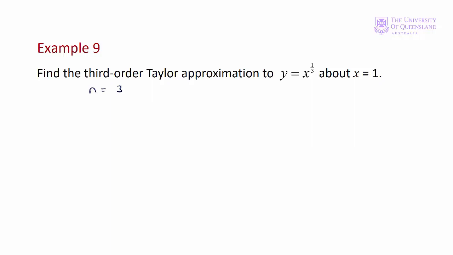A Taylor polynomial then is that f of x, the function, is approximately equal to the function evaluated at a, plus 1 on 1 factorial times the first derivative evaluated at a times x minus a. Thus far it was the linear approximation. If we add one more term we get the quadratic approximation.